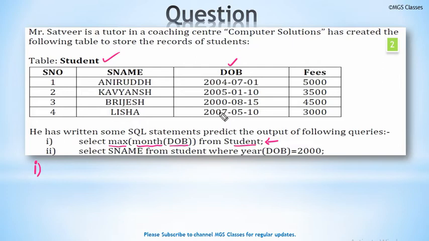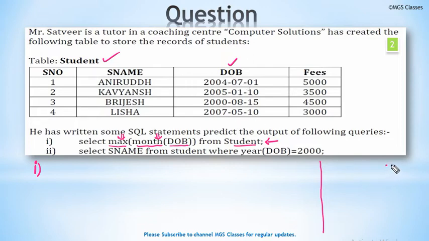So actually the output should be, first we need to apply the month function. If you see the 2 functions, you need to apply the innermost function first. So the month function on this date of birth column, what will it return? It is a single row function. Month function is a single row function, a date time function, and it will return the month of the date of birth column.